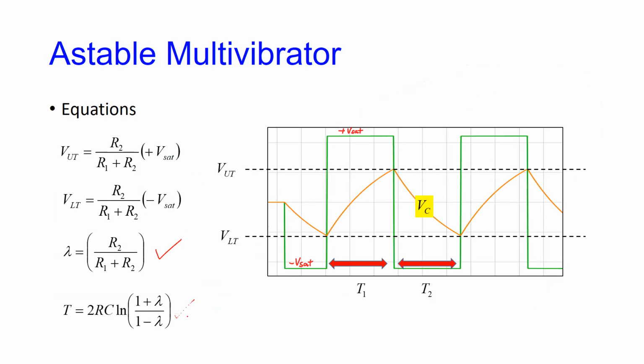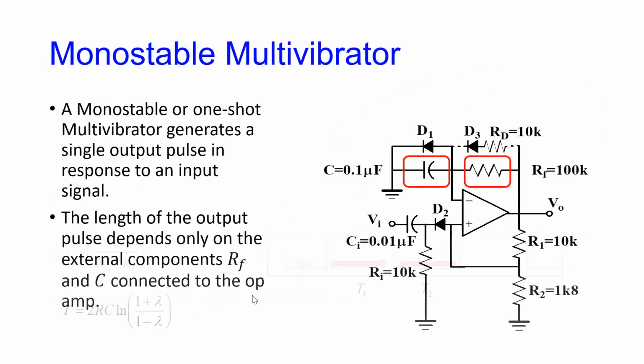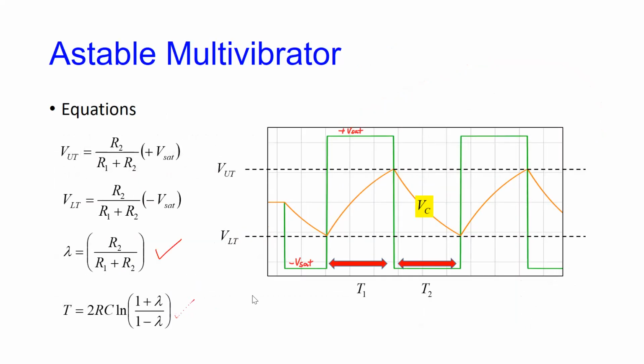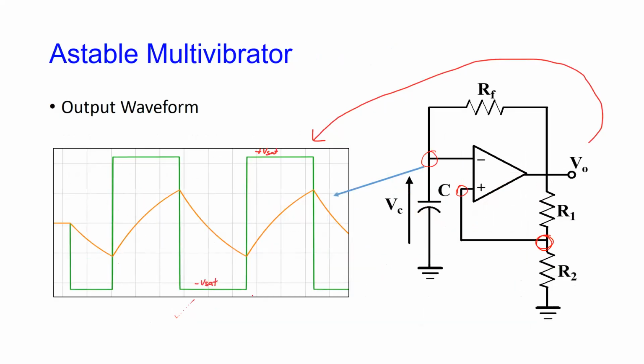We didn't do the derivation. I'm not going to ask you to do the derivation, but lambda is the fraction of the voltage that is coming back here, right? That one. So lambda is R2 over R1 plus R2. Okay. Of course, if you make them equal, then lambda is a half.